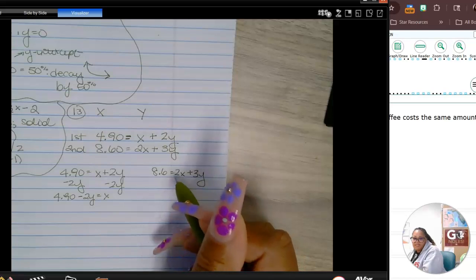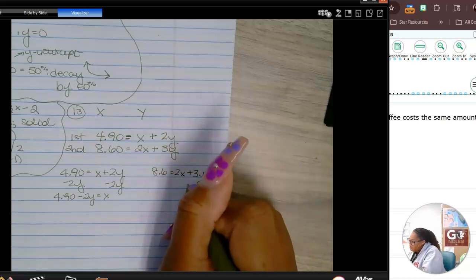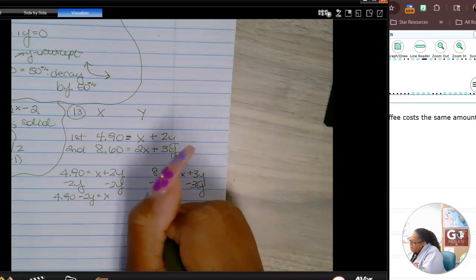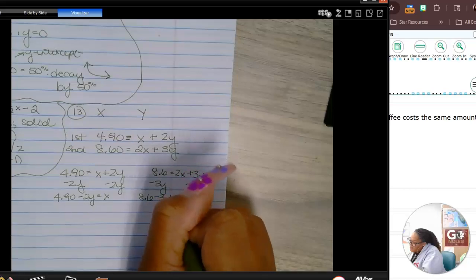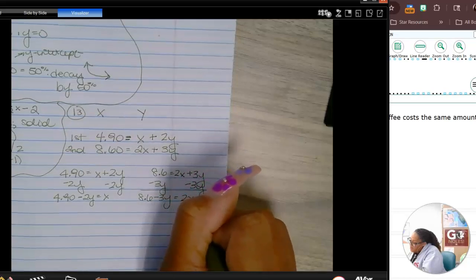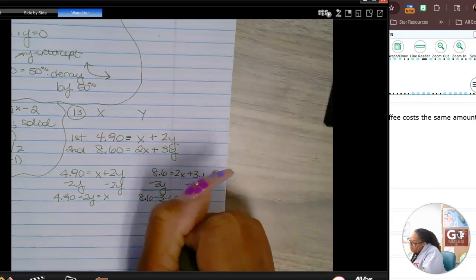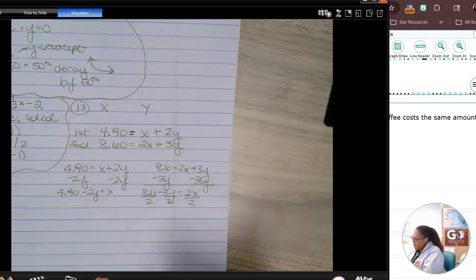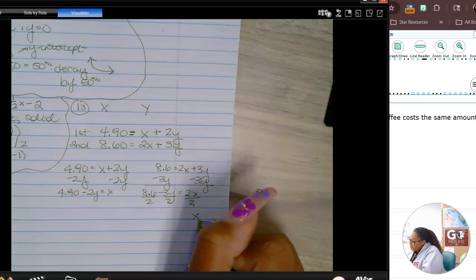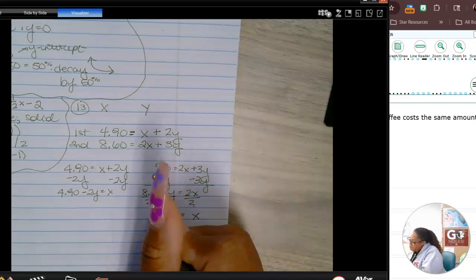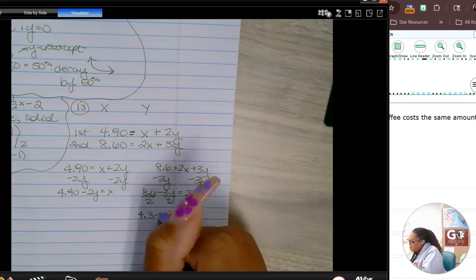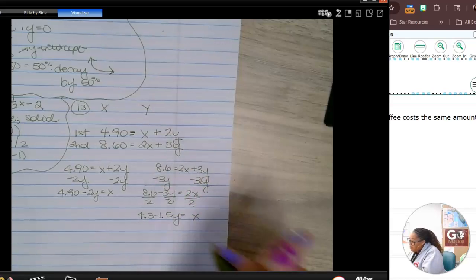Let's solve for x because it's easier to divide by 2. So let's subtract 3y. This becomes 860 minus 3y equals 2x. Then cut everything in half. That means divide by 2, so I can get x by itself. And I have x is equal to half of 8.6 is 4.3, and half of 3 is 1.5y.